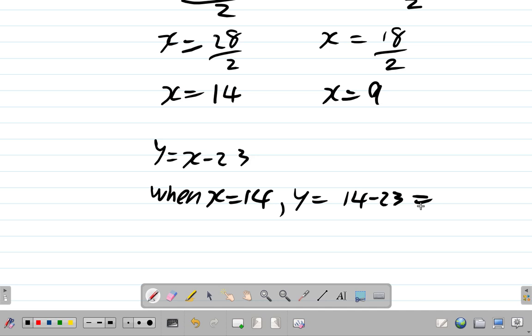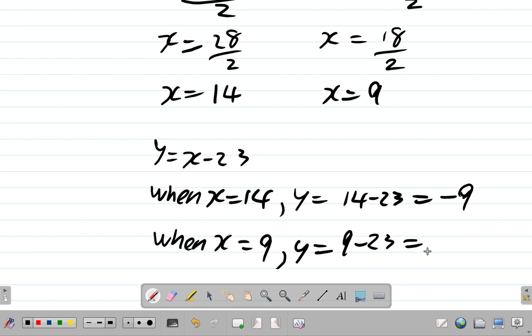It's going to be negative 9. Negative 9, right? And when x is equal to 9, y is equal to 9 minus 23. 9 minus 23 is what? It's negative 14. Interesting. Alright.